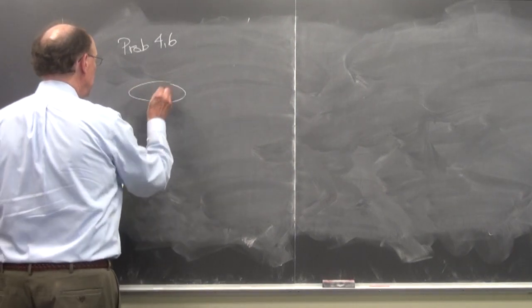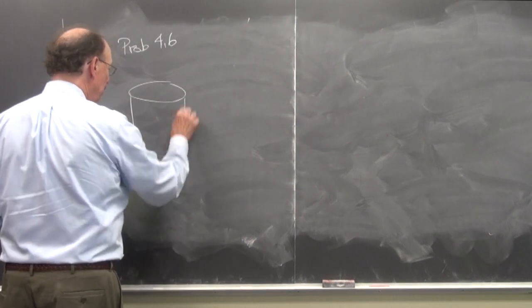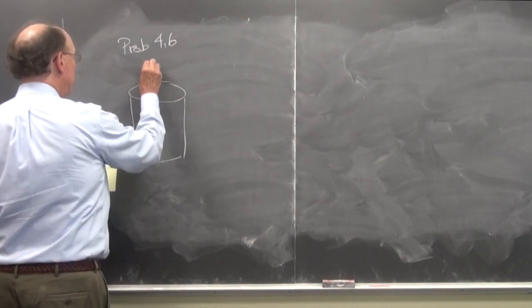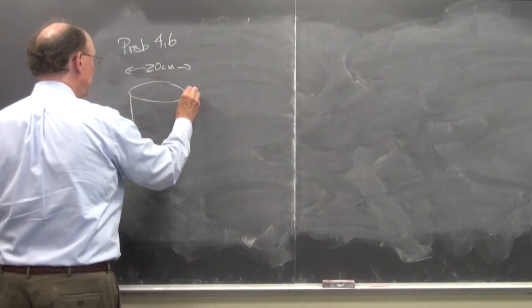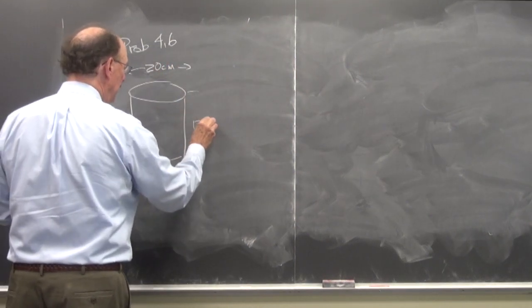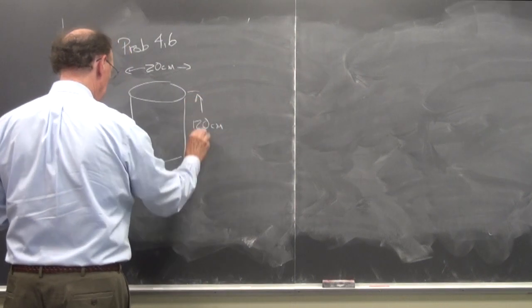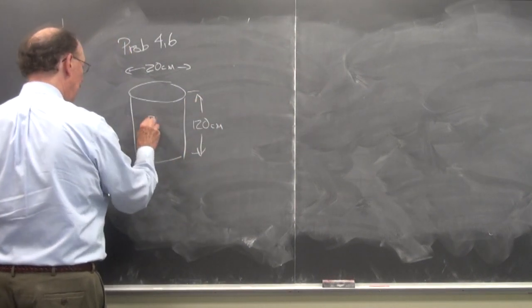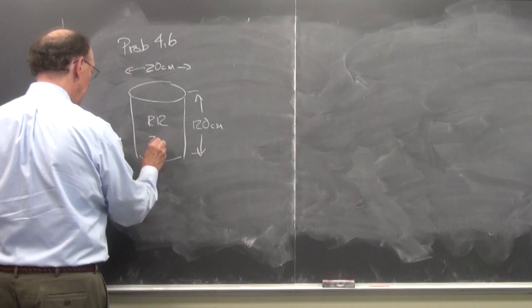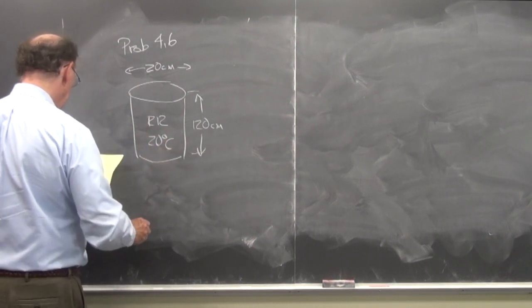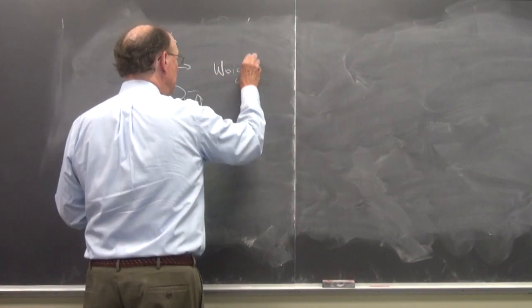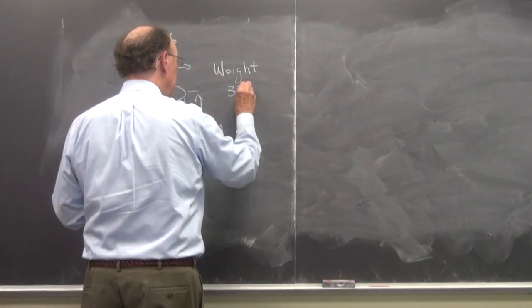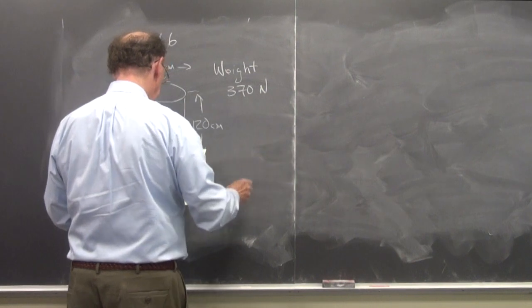So in this case, we have a tank. It has R12 in it. I know the diameter of the tank is 20 centimeters. It's 120 centimeters high. It's R12 at 20 degrees C. The weight is 370 newtons.